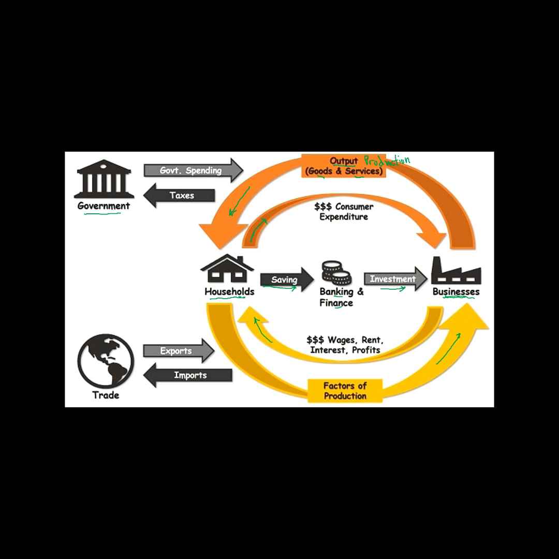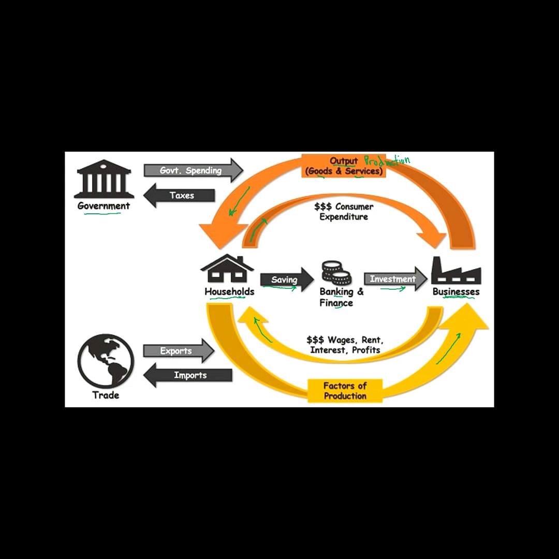And to do all of that, they raise taxes. Taxes could be levied on both households as well as businesses. And then another thing to consider is trade. Whatever we don't consume in the United States, we usually export. And then, of course, we also take in imports. And so trade is also where goods, services, and money can flow through. Okay, so this is the basic circular flow model.